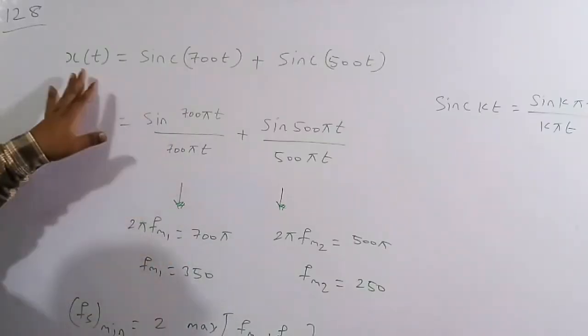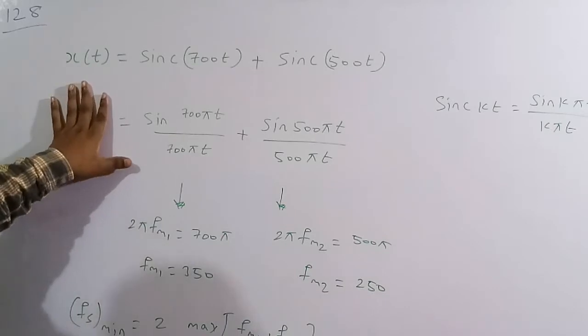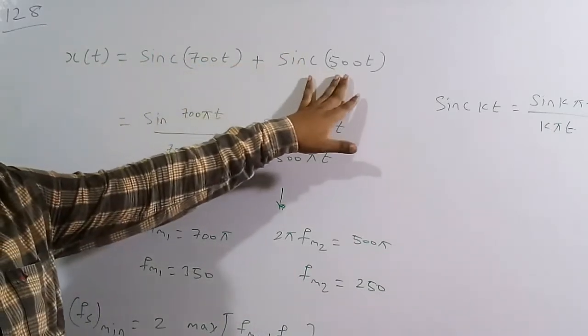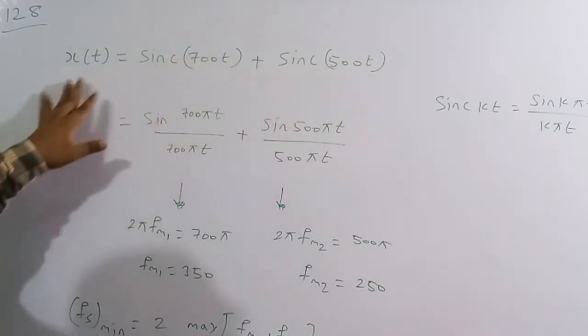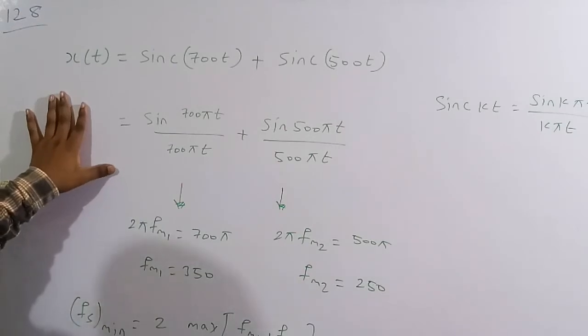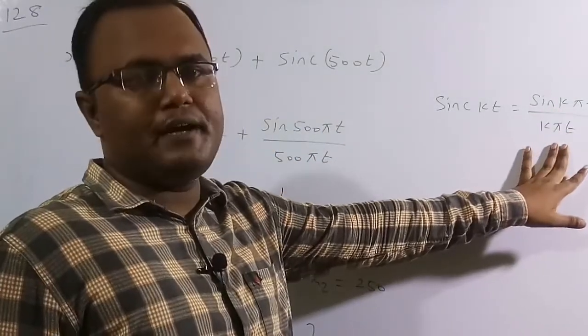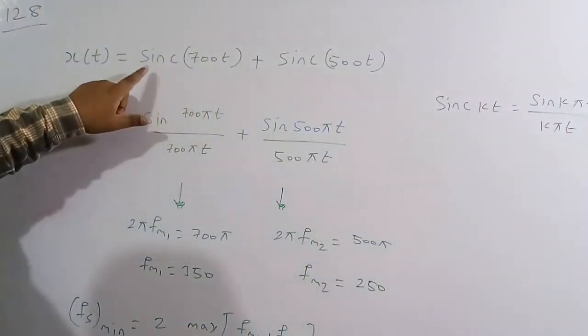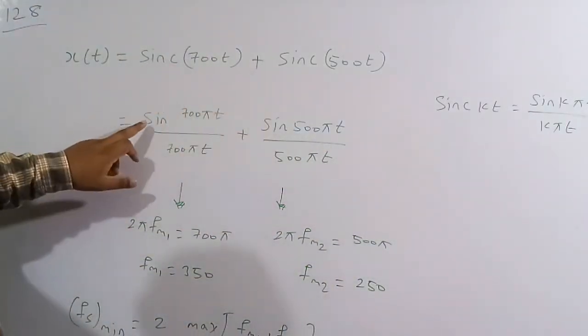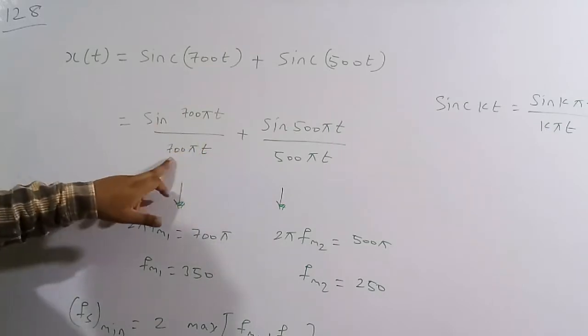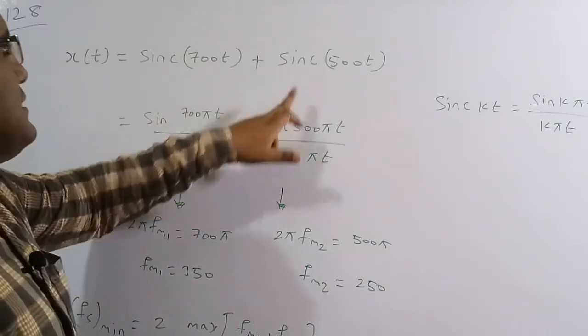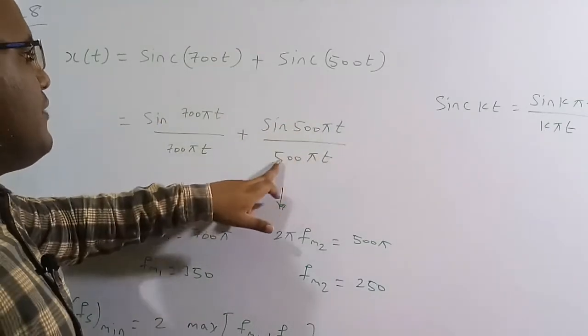This is the signal x of t which is given in the question, which is sinc(700t) plus sinc(500t). For this signal we need to figure out the Nyquist sampling interval. Basically sinc(kt) is nothing but sin(k pi t) by (k pi t). So now I am going to write in that format: sin(700 pi t) by 700 pi t plus sin(500 pi t) by 500 pi t.